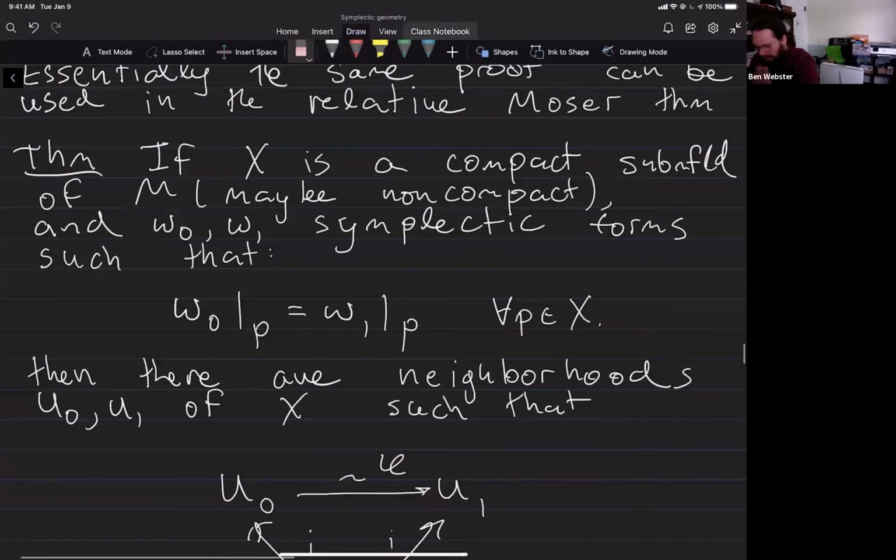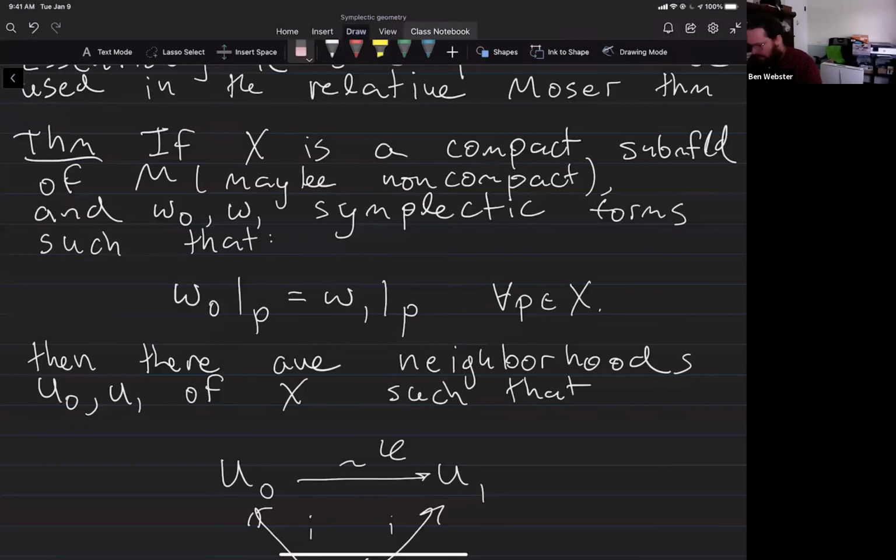If you look at the proof we did, you can use literally exactly the same proof to, instead of talking about one point, talk about any compact submanifold.